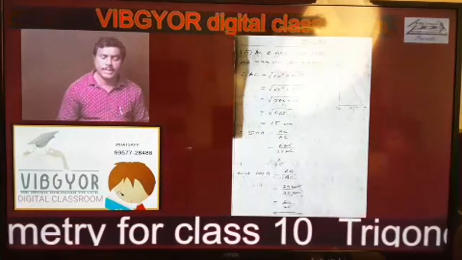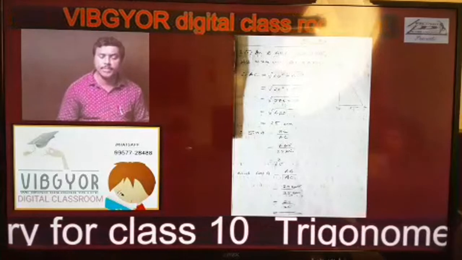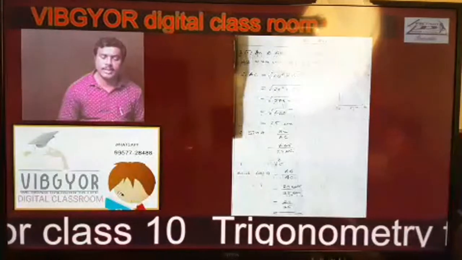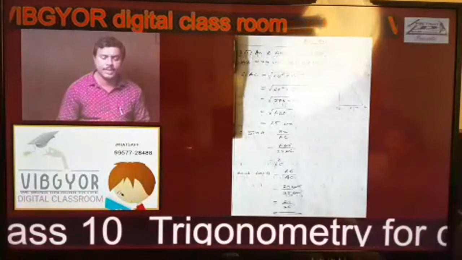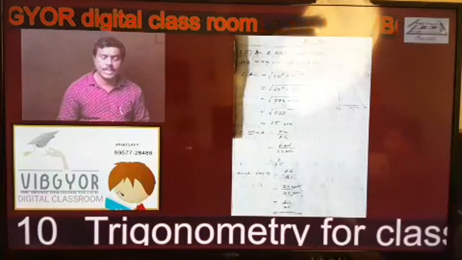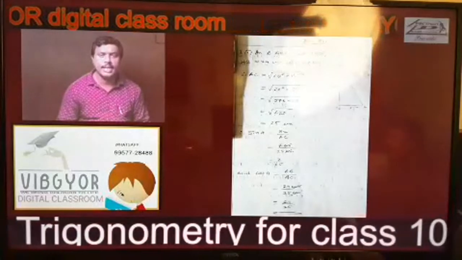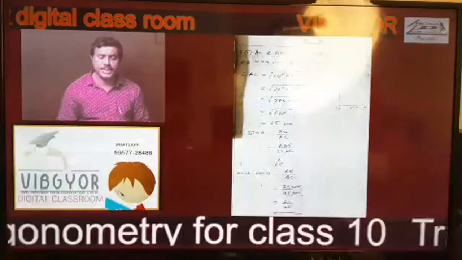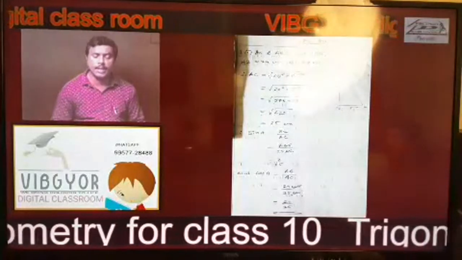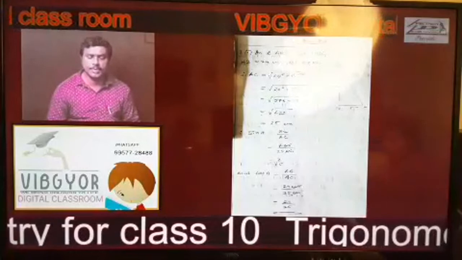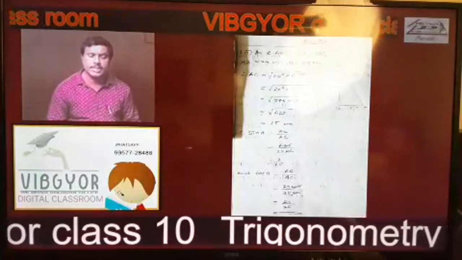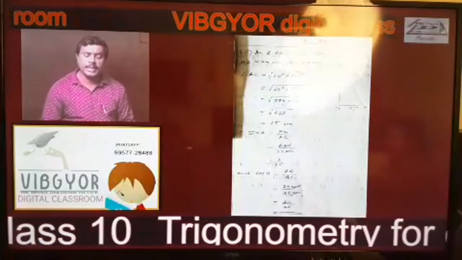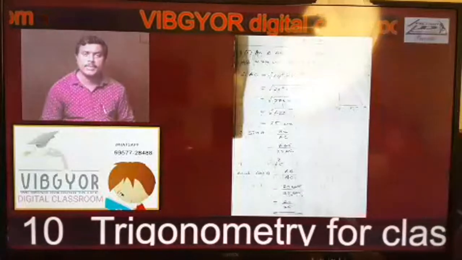We will write here sin A is equal to BC, BC is the perpendicular, by AC, AC is the hypotenuse. And we will put the respective values of BC and AC. The value of BC is 7 cm and value of AC is 25 cm, already derived. And centimeter will cancel. Now we will get the result 7 by 25.